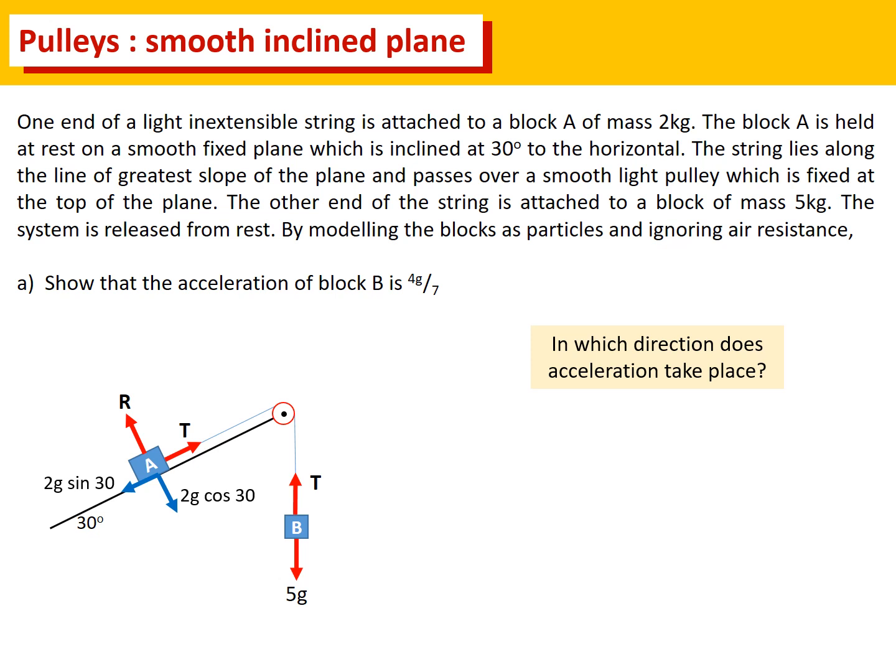So in which direction does acceleration take place? Well, we've got a pull force of 5g vertically downwards here, and we've got a pull force of 2g sine 30 down the incline, and because 5g is greater than 2g sine 30, that will pull mass B down and pull mass A up the incline.